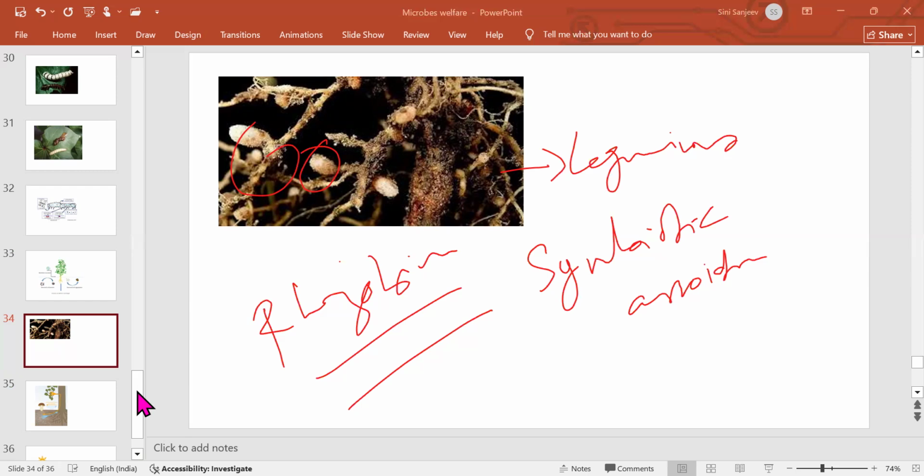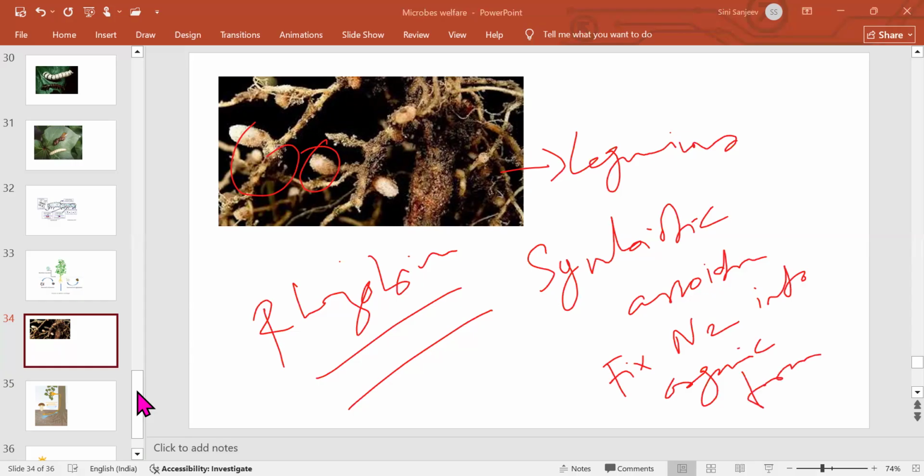When two organisms live in the same place and both are mutually benefited, that is called symbiotic association. Rhizobium fixes atmospheric nitrogen, N2, into organic form.